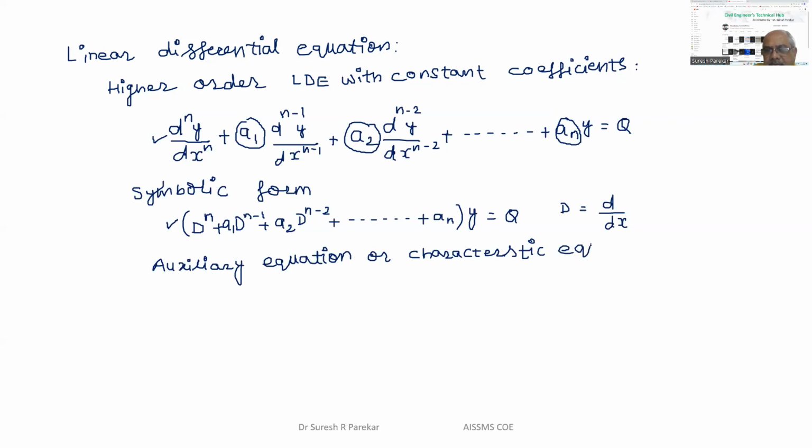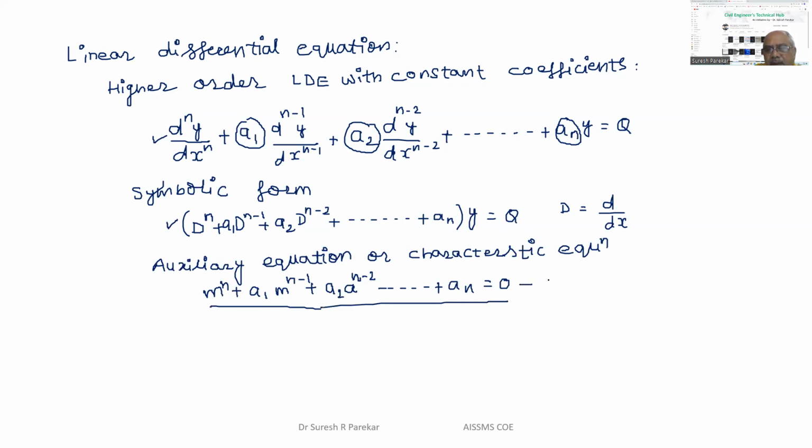And in this, we are going to write that D as m, so m to the power n plus a1 m to the power n minus 1 plus a2 m to the power n minus 2, likewise plus an, and that is equal to 0. And by using this, we are going to find actually complementary function.